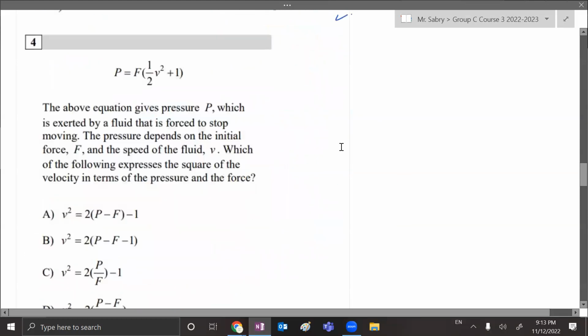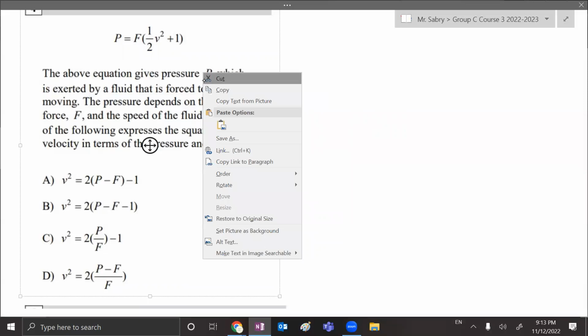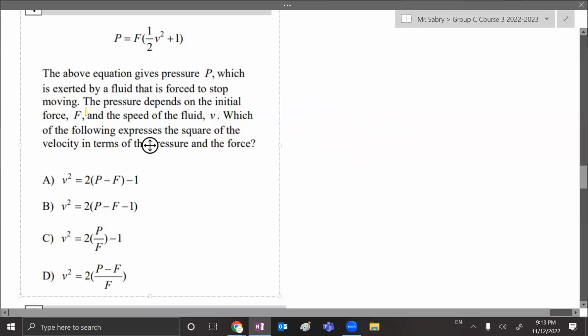Most welcome. Number 4, this is a word problem and we said that the most important thing in word problems is to understand what each letter represents. And you can tell here once you start reading that P is the pressure, and this pressure depends on the initial force. So the initial force is just F, and then the speed of the fluid is V. Which of the following expresses the square of the velocity in terms of the rest?